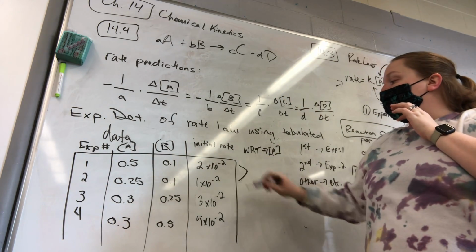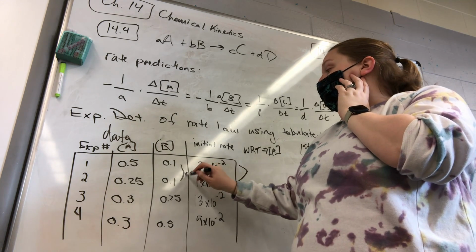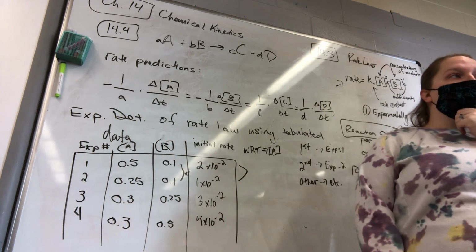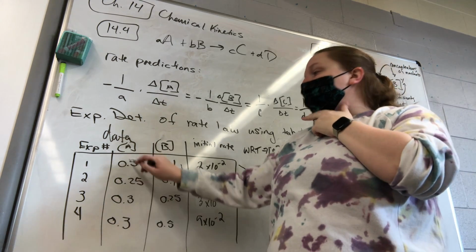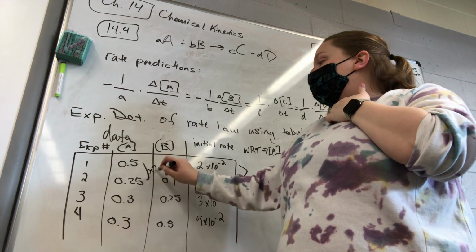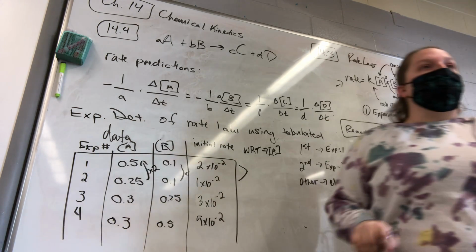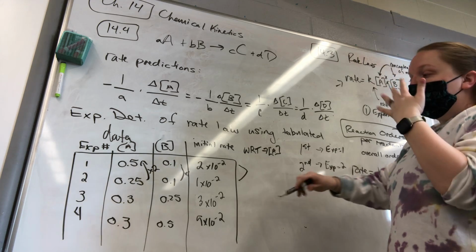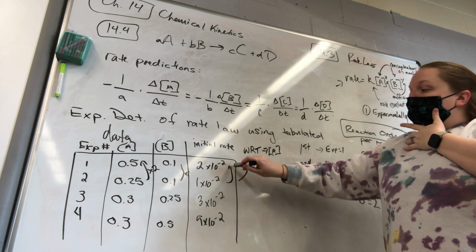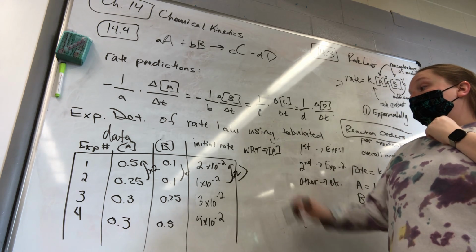So in experiments 1 and 2, B doesn't change. What happens from 2 to 1 as far as A is concerned? It goes up by 2. Since I'm going from 2 to 1, which doesn't matter, it doesn't matter what order these are done in, when I go from 2 to 1 as far as the rate, what happens? It doubles.